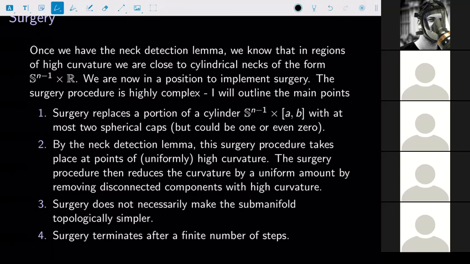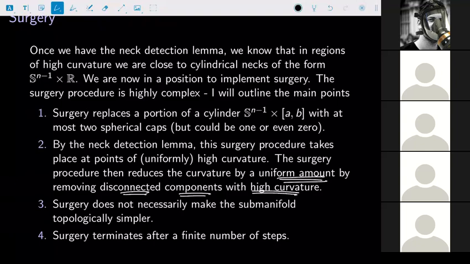By the neck detection lemma, this surgery takes place at points of uniformly high curvature, and the surgery procedure then reduces the curvature by a uniform amount, by removing disconnected components of high curvature. Okay, so in the middle of the neck region, you do possibly two surgeries at either end, and in the middle is the region with high curvature.